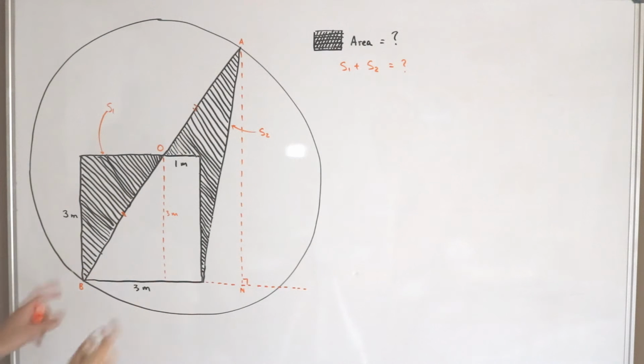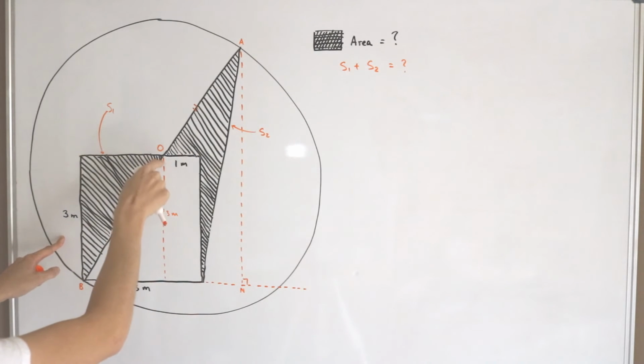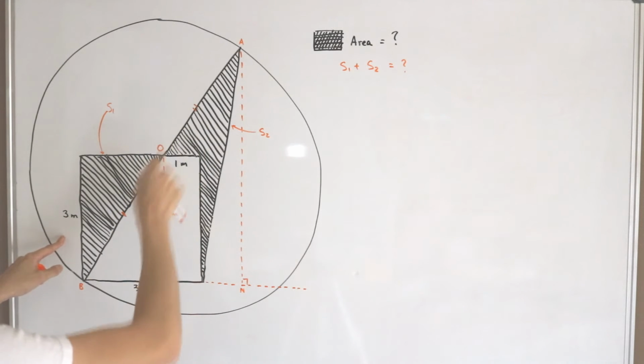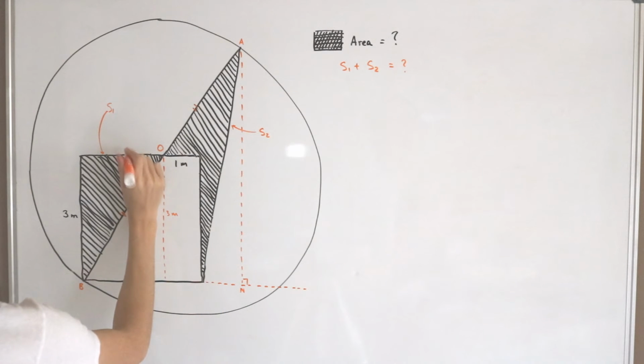Because this is a square, this side is 3 meters and this one is 3 meters. You have 1 meter over here, so this side, from here to the perpendicular, is actually supposed to be 2 meters.